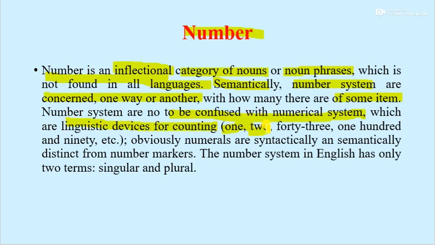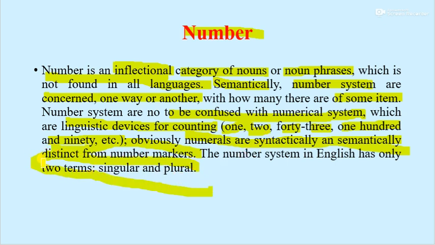Linguistic devices for counting are 1, 2, 43, 100. Obviously, numerals are syntactically and semantically distinct from number markers. The number system has only two terms, singular and plural.